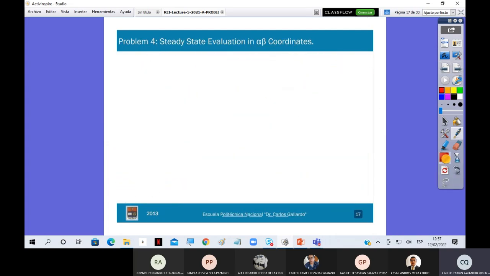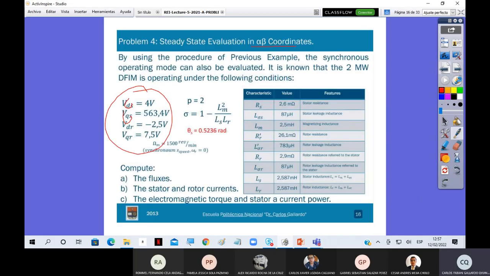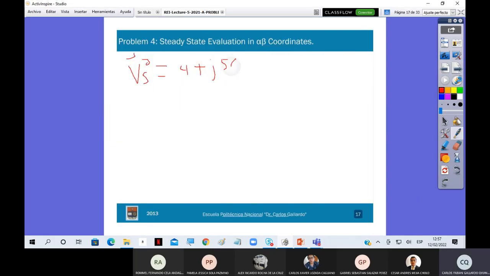So the stator voltage is represented in the synchronous reference frame: 4 plus j 500, 63.4 volts.